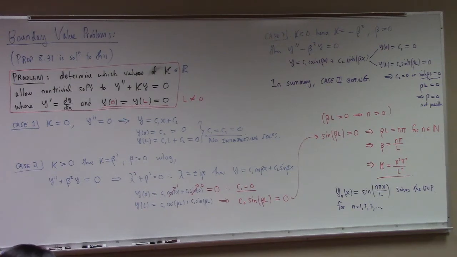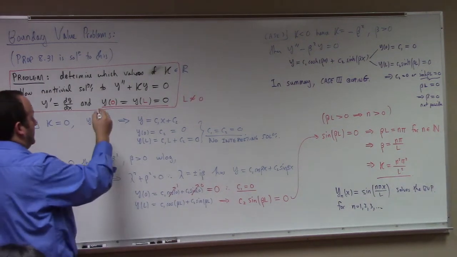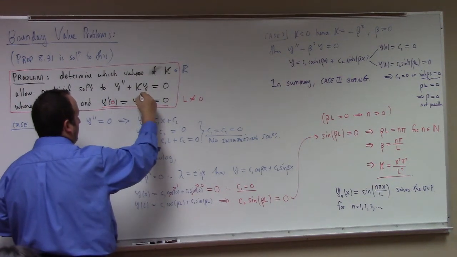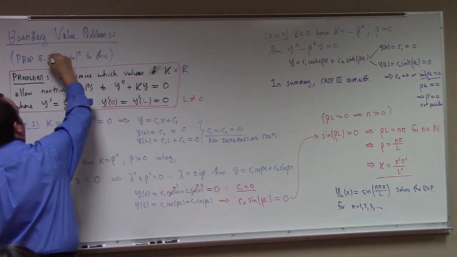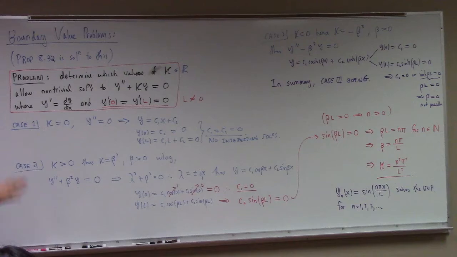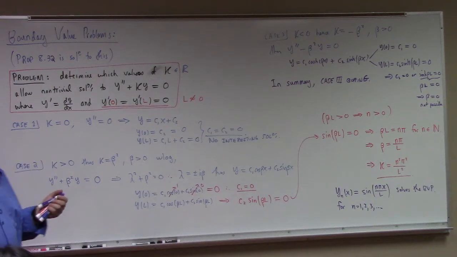So actually, let me not work through the details, but very similar details show that if you put prime here and here, then that's my proposition 8.32. And in the case that you work that out, almost the same calculation goes through. Cases 1 and 3 are boring. Case 2 is the interesting one. K still works out to n squared pi squared over L squared.